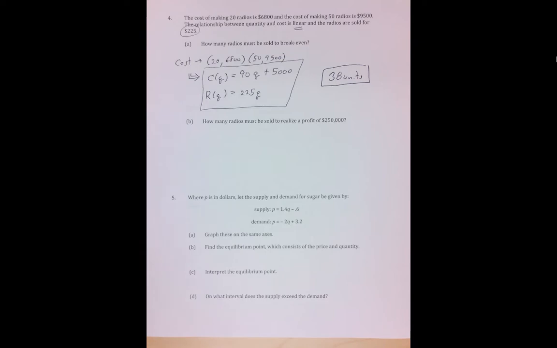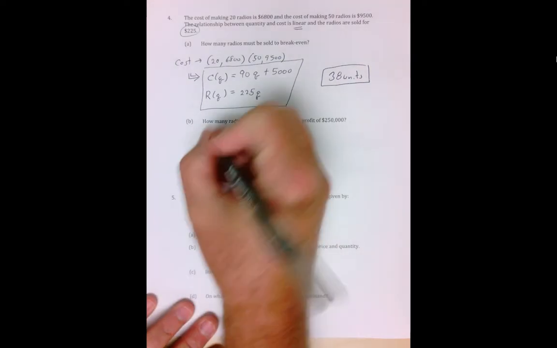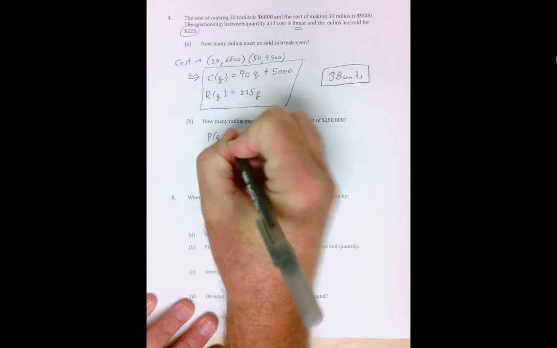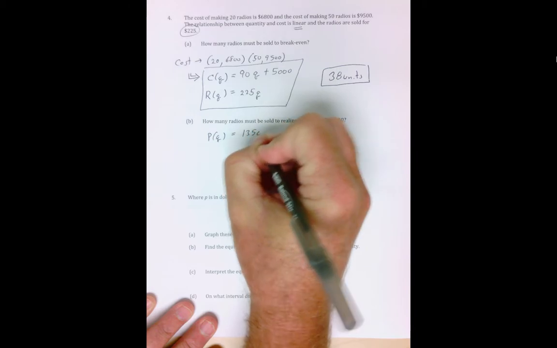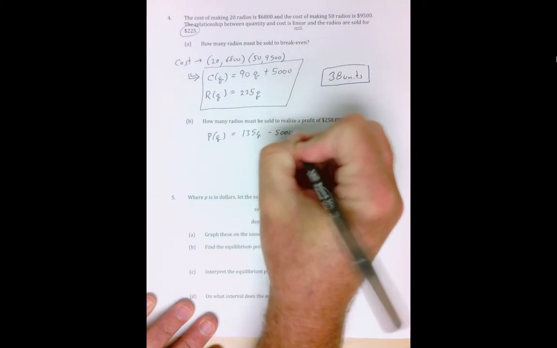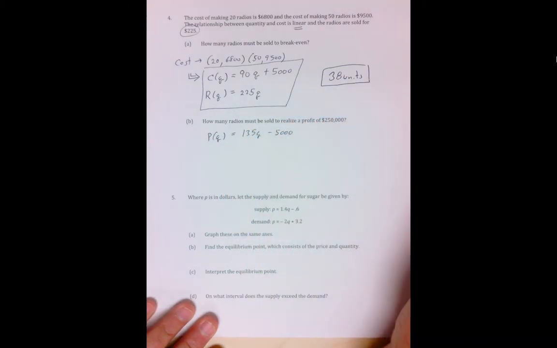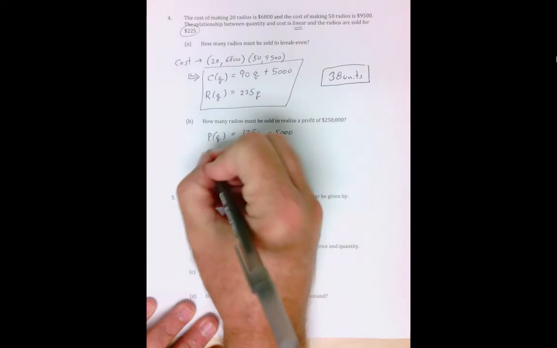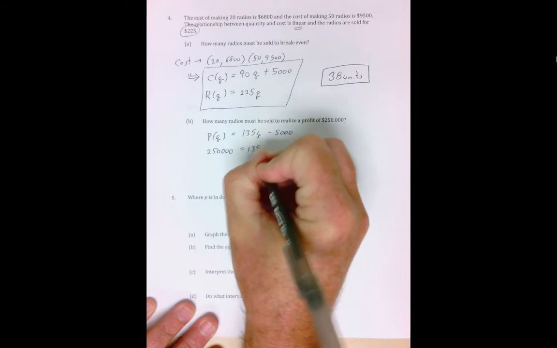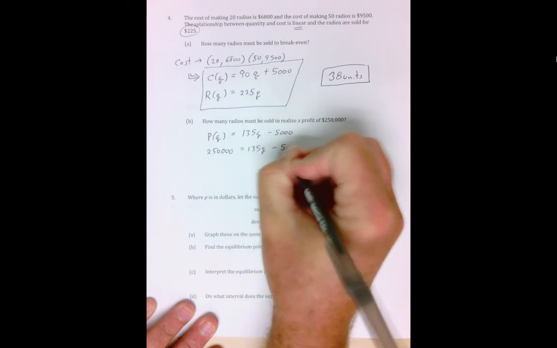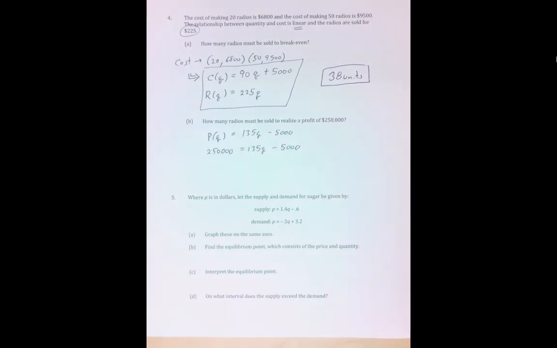Now, how many radios must be sold to realize a profit of 250,000? Well, guys, we've already seen that our profit is 135Q minus 5,000. So we just need to see when that's going to be 250,000. Well, what am I going to do?